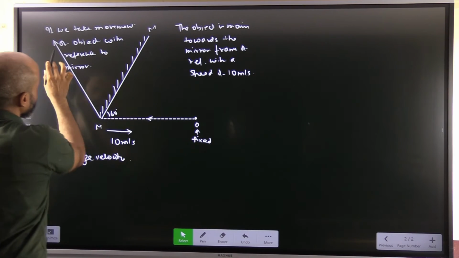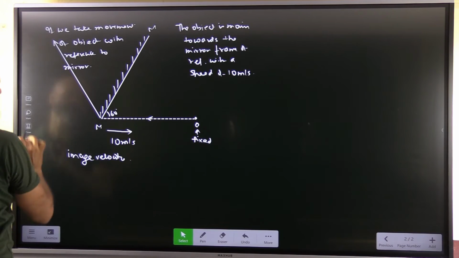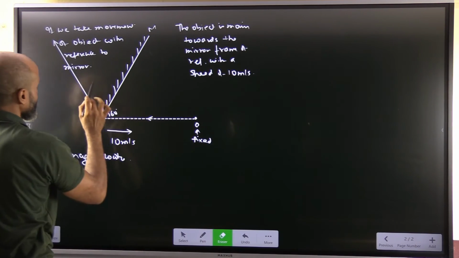So this is the image that will be formed here. I need to rub this because it will create confusion here.